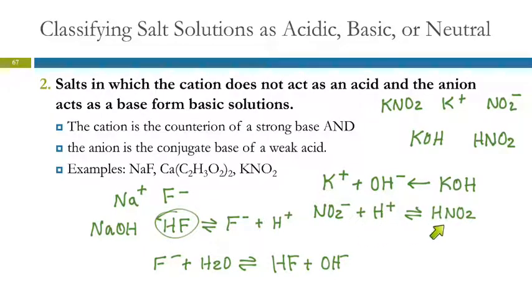They do not ionize completely. So if I throw some nitrite ion in here, it will combine with hydrogen ions to form this weak acid. If it's combining with hydrogen ions, what does that do to the pH of the solution? It makes it more basic. The pH will go up because this is tying up some of the hydrogen ions.